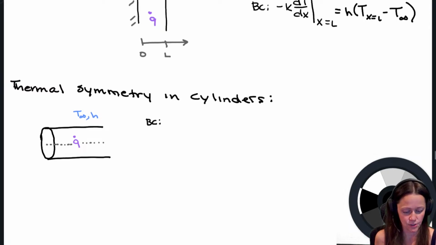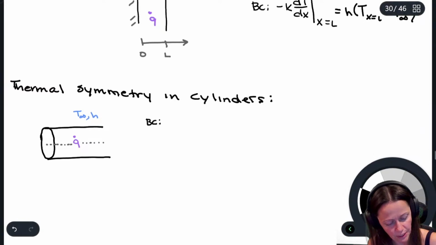As you move outward along that radial direction, it doesn't matter what angle you're looking at along that cross-sectional area, the temperature is going to be the same. At this r, the temperature is this temperature. At this r, it's going to be this temperature. So you've got symmetry all the way around.